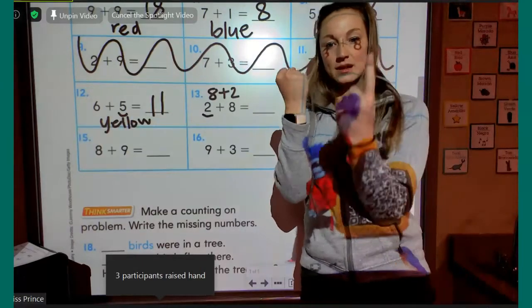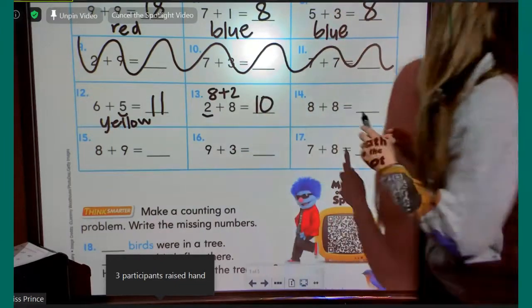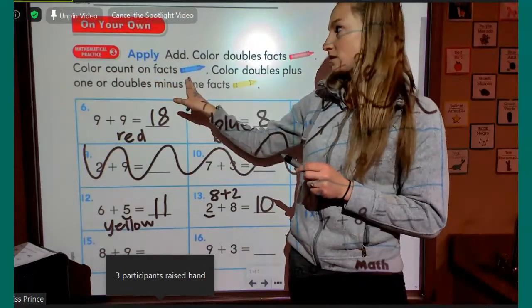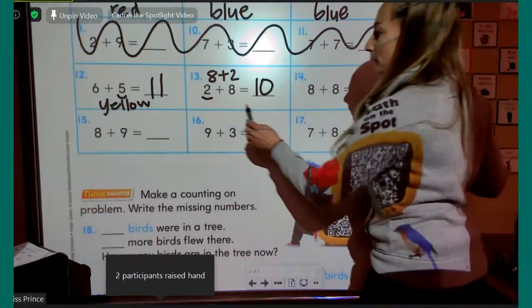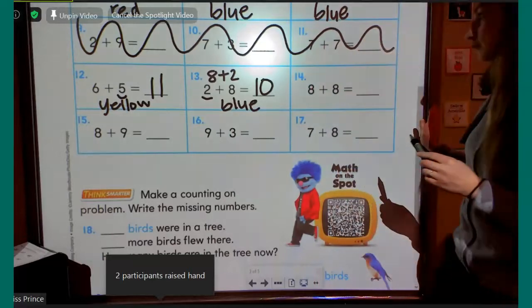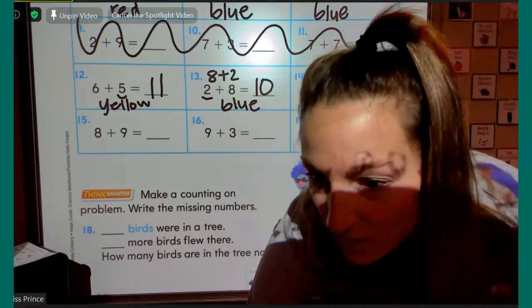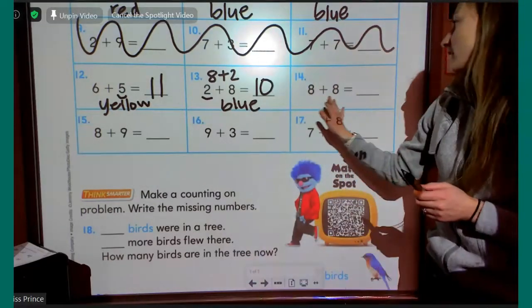8, 9, 10. Super easy. All we are doing is counting on. So it will be blue. So we're going to write blue. Ooh, easy peasy right here. This one is for Elias. 8 plus 8.